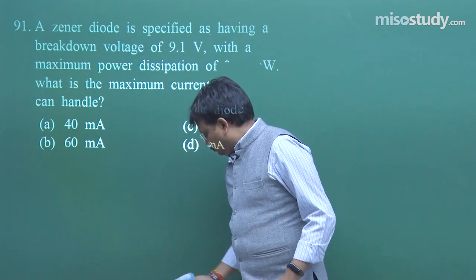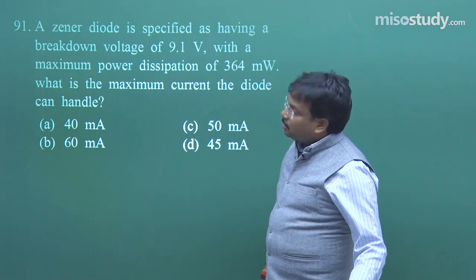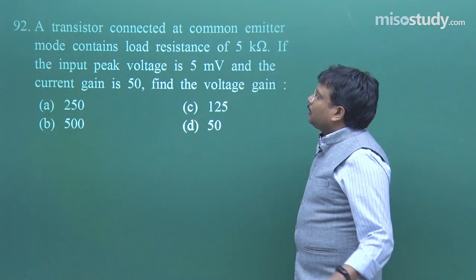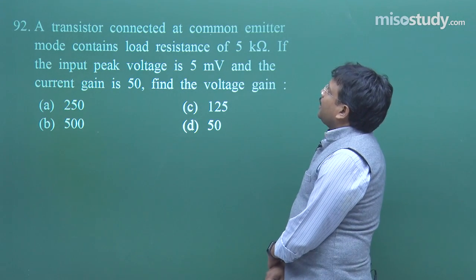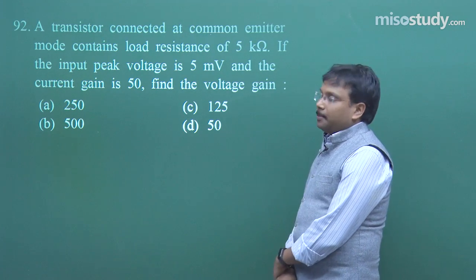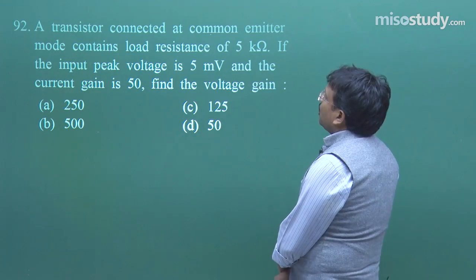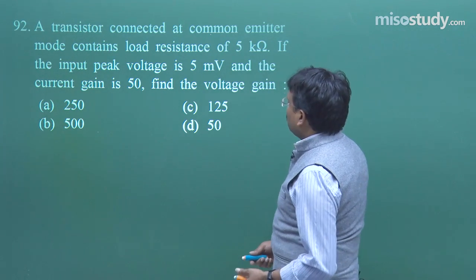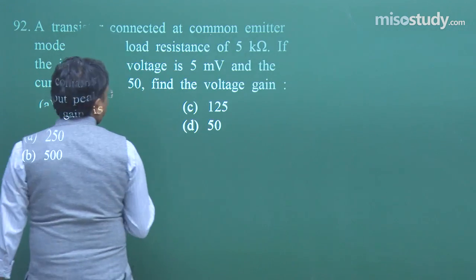Next question 92. A transistor is connected in common emitter mode and contains a load resistance of 5 kilo ohm.